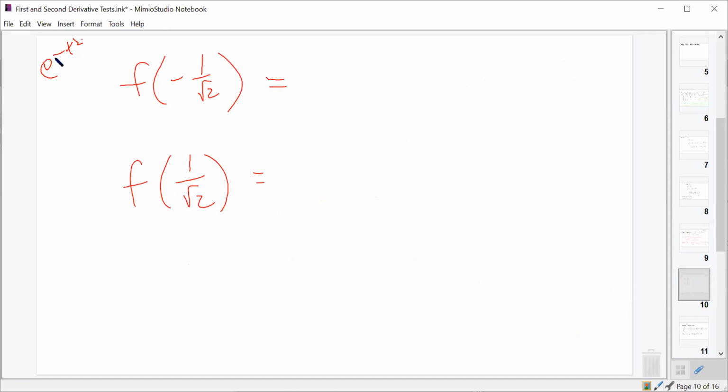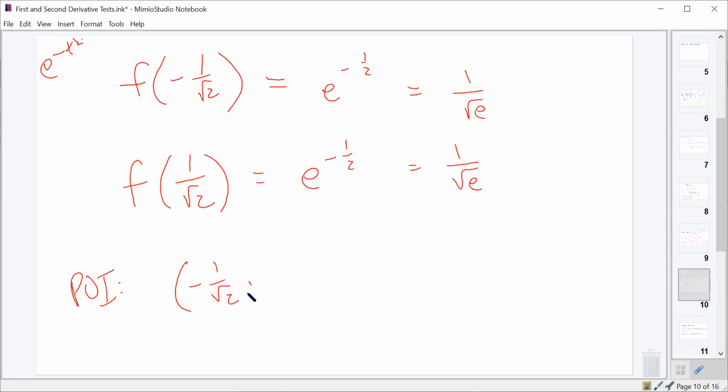So this just becomes e to the negative 1/2, or let's say 1 over root e. And so our points of inflection are negative 1 over root 2, comma 1 over root e, and 1 over root 2, comma 1 over root e.